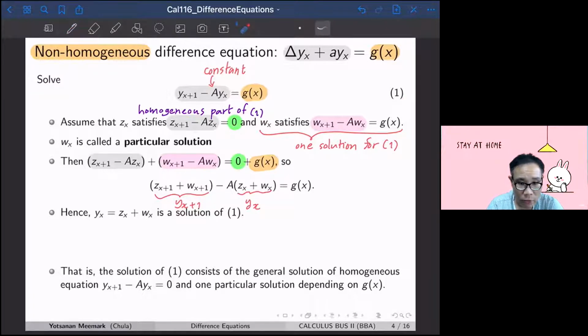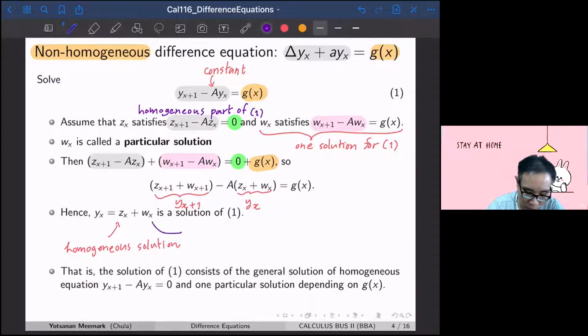So the solution comes from the homogeneous part, the homogeneous solution, and the thing that we call the particular solution. This w here is called the particular solution.